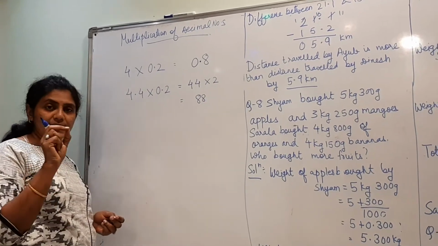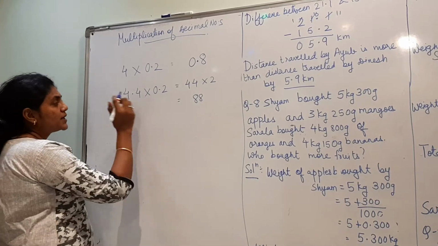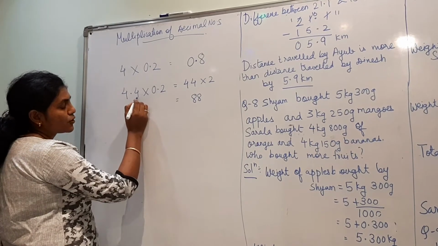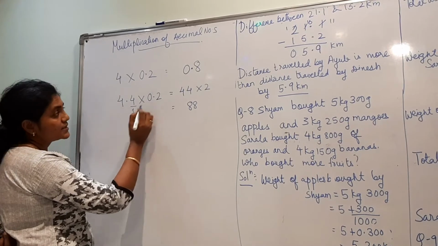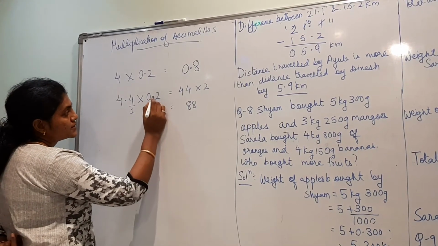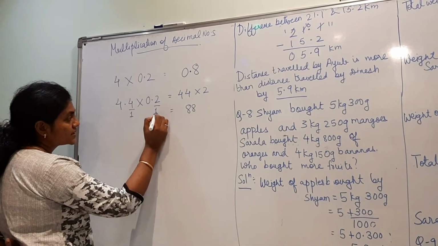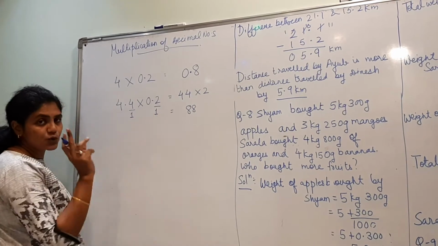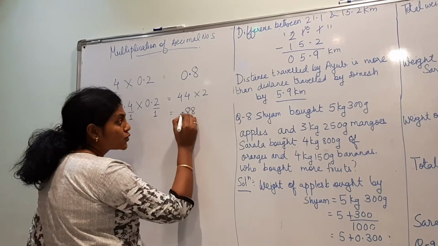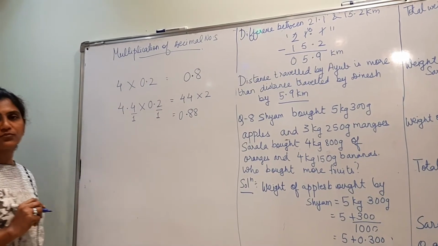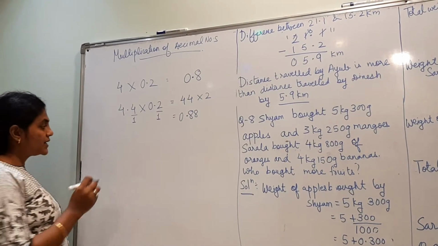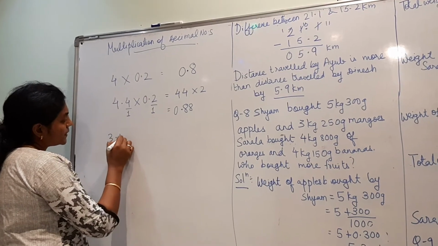Now you have to place the point. After the point in 4.4 there is one digit. Here after point there is one digit. So 1 plus 1 is 2. So before 2 digits this point will come. Getting it?